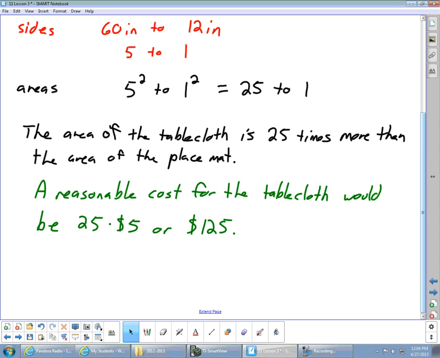And that does seem expensive for a tablecloth, but it's probably some really fancy cloth used for this tablecloth.